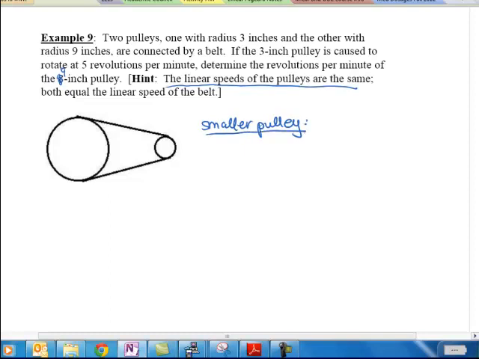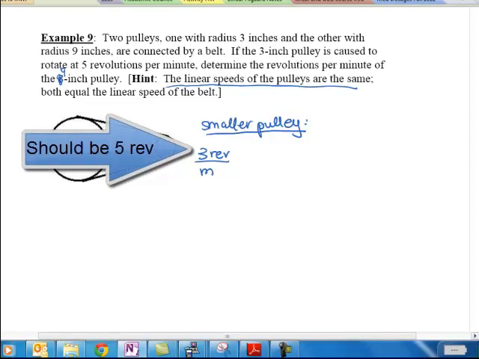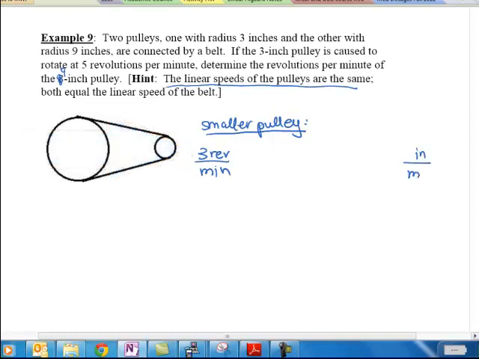I'm going to use dimensional analysis for this. So we know that the angular speed is 3 revolutions per minute. And we want to figure out the linear speed. So we would want to know inches per minute. Right? So we want to work our way canceling out units from revolutions to get to inches.